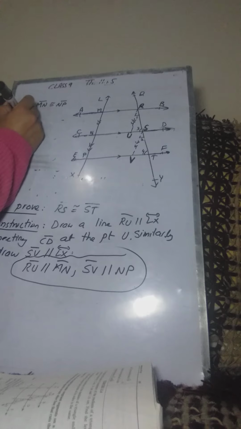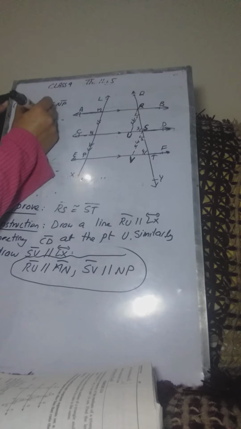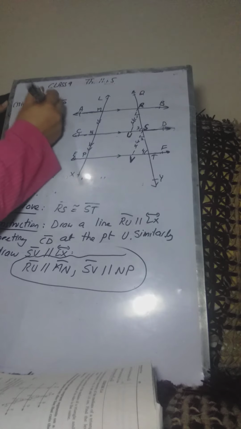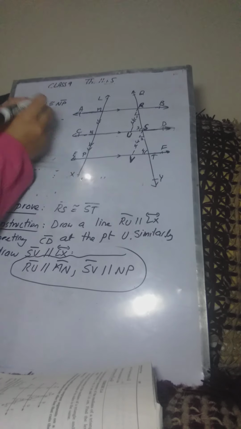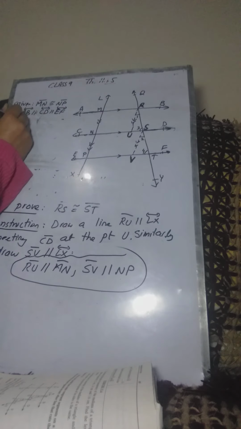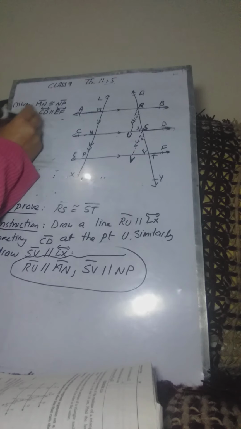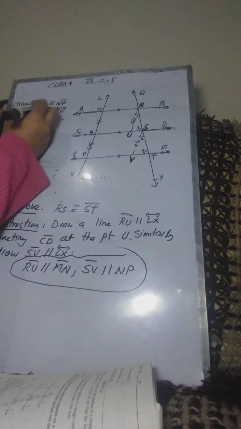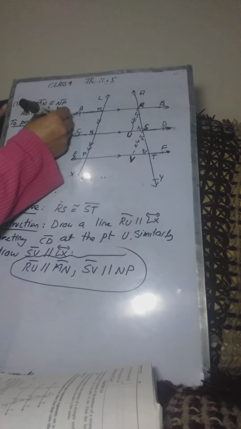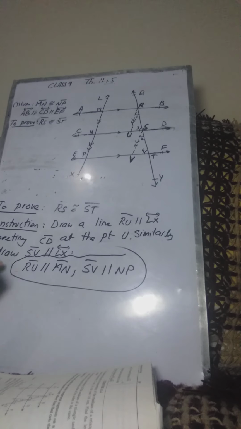It is also given that AB is parallel to CD, we could also write NS and EF. These are the three parallel lines which are given to us, and we need to prove that RS is congruent to ST. Similarly, from construction, we will pick these points and use them in the proof.